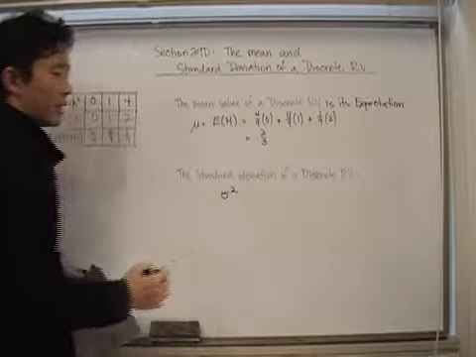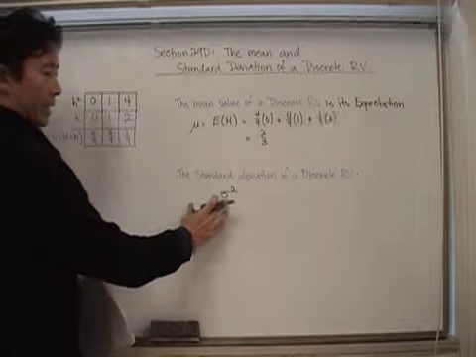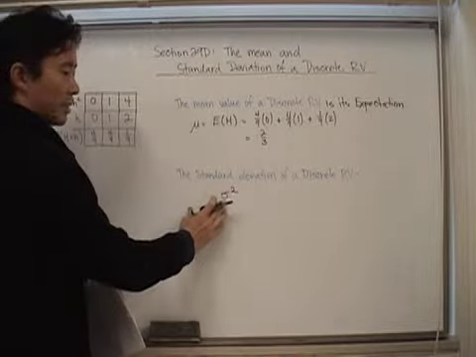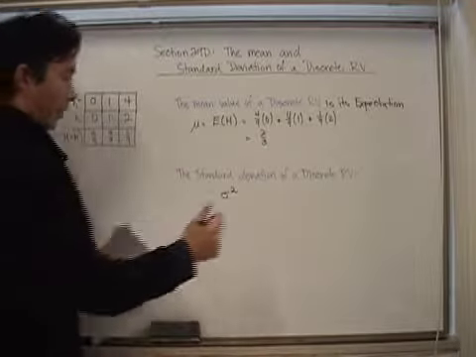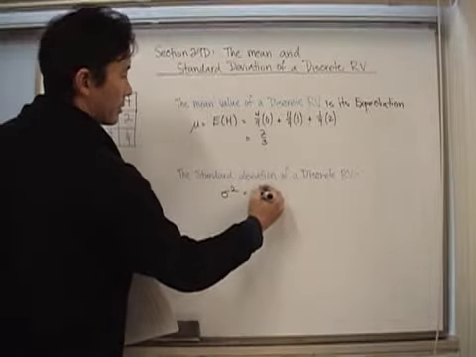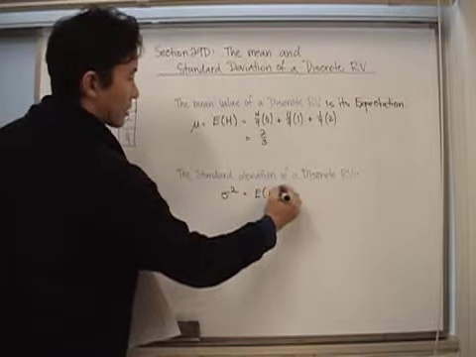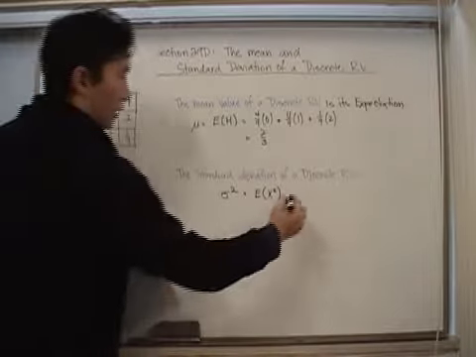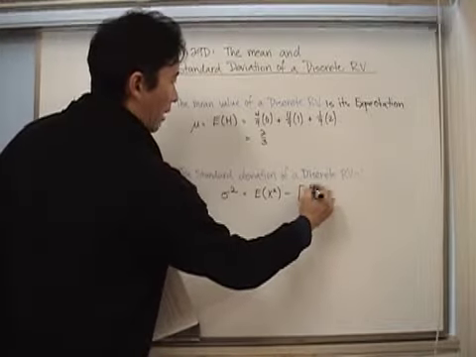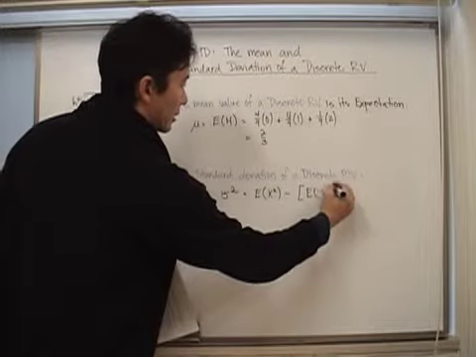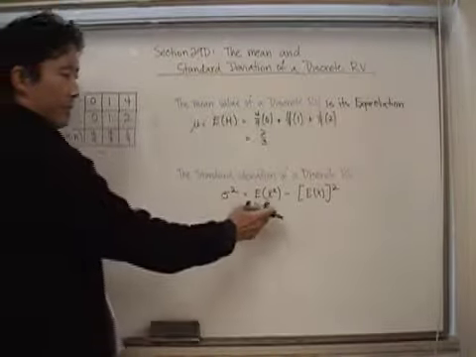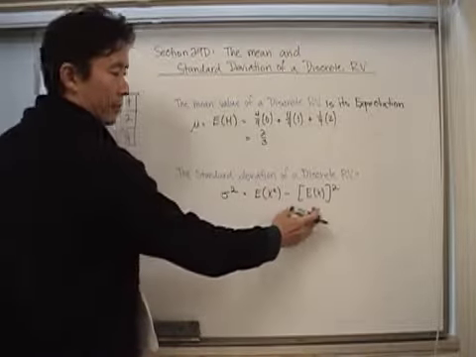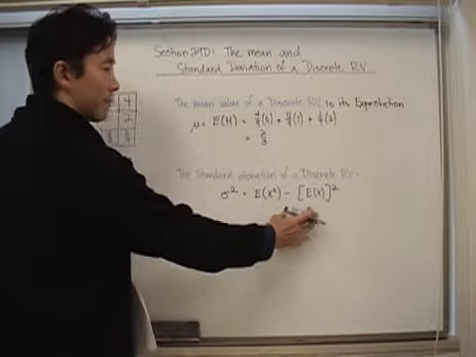The standard deviation squared, remember this symbol here represents the standard deviation, if we square it, what we're talking about now is the variance. This is equal to the expectation of x squared minus the expectation of x, quantity squared. Now don't get these two mixed up, because they represent 2 very different things.